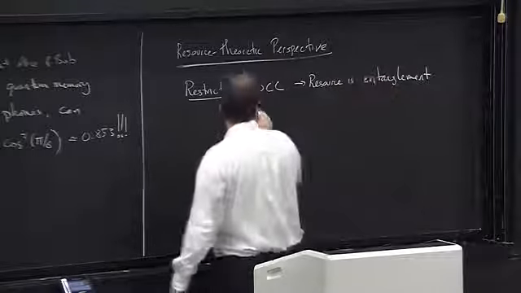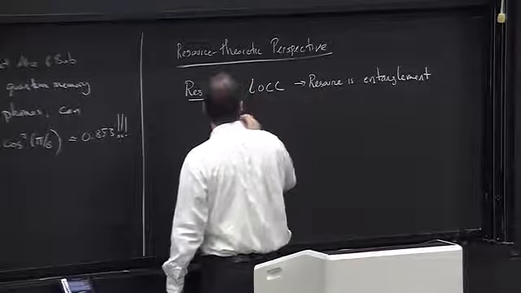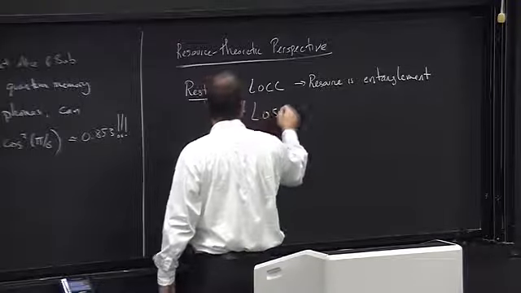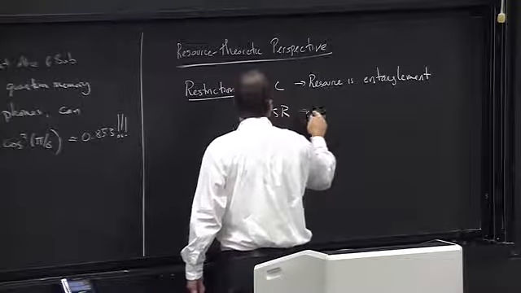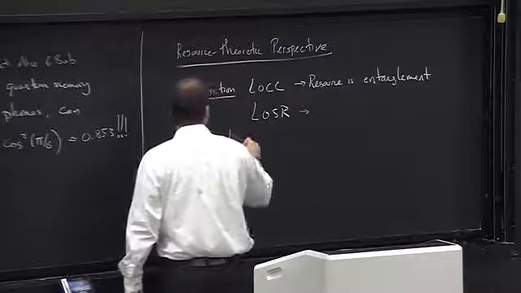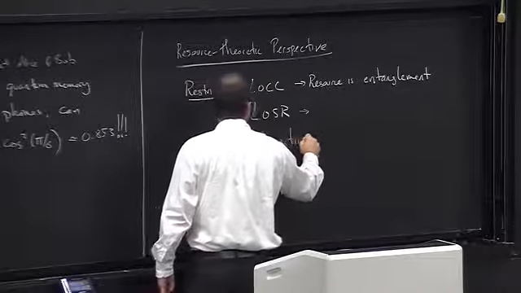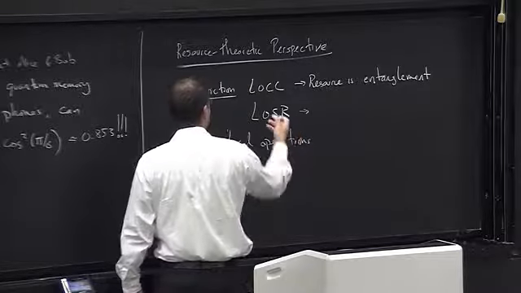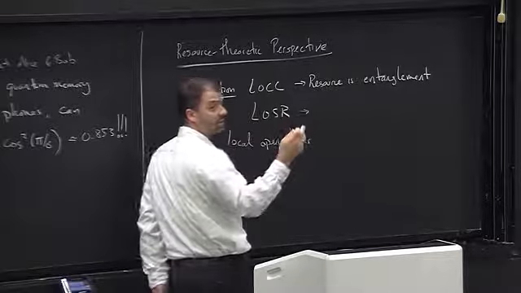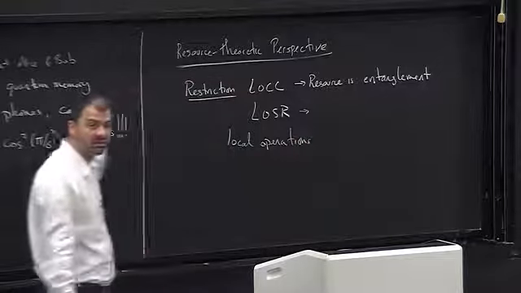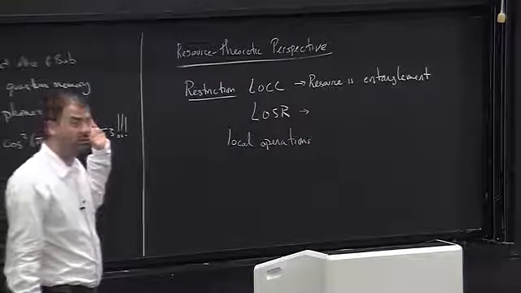And I've already described what that is. If I impose a restriction called LOSR, which means local operations and shared randomness, so I'm allowed to share randomness, but I'm no longer allowed to communicate. So this is more relevant to the game show we just described.